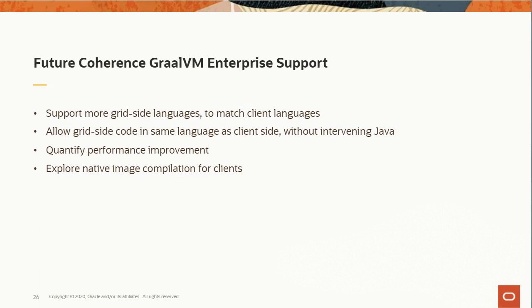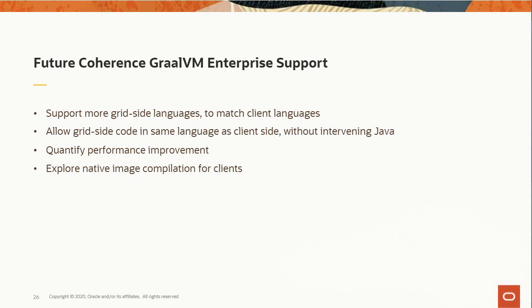We do want to quantify the performance improvement that we're seeing from GraalVM Enterprise. The Polyglot API is just one feature. One of the main thrusts of GraalVM is basically faster execution, faster startup, more efficient memory usage. We've observed these benefits anecdotally, but we've yet to quantify them because our focus was on Polyglot.